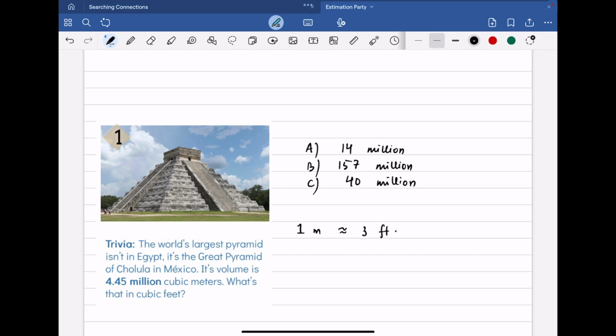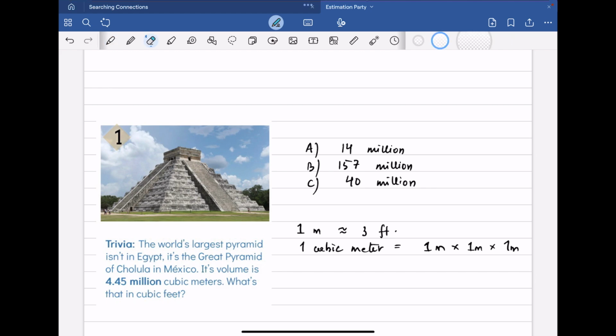Okay, but we are not interested in meters, we are interested in cubic meters. So what's 1 cubic meter? Well, 1 cubic meter is 1 meter times 1 meter times 1 meter. Right? You can think of it as also the volume of a cube, such that each side of the cube is 1 meter long. That's where the word cubic meter comes from.